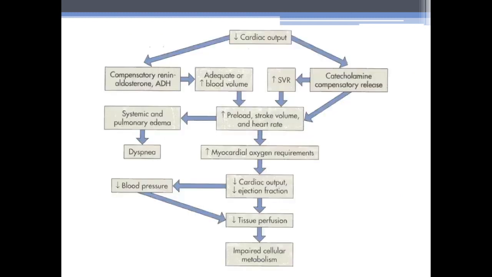From the pathogenetic point of view, in the development of cardiogenic shock, the most important thing is that the left ventricle cannot maintain adequate cardiac output, and activation of compensatory mechanisms unfortunately cannot be efficient.